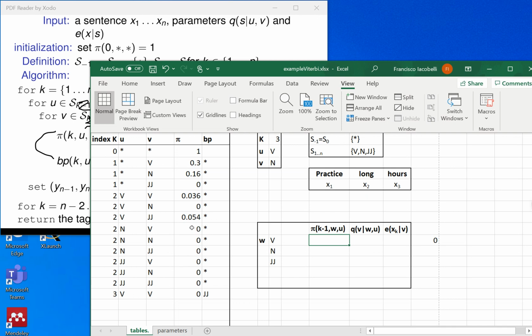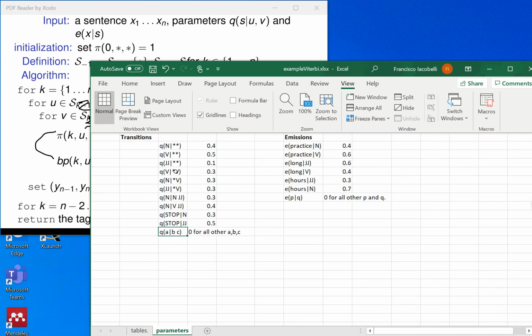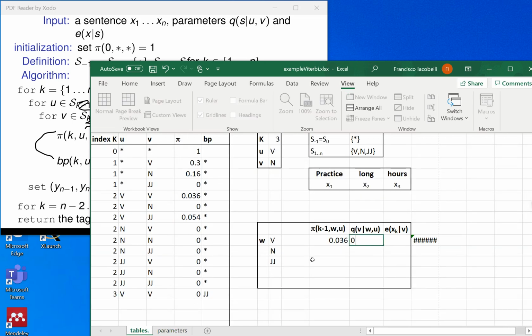Pi of 2 VV, 0.036. Here I'm going to have Q of V, which is the tag N, W, which is the tag V, and U, which is the tag V. So Q of N given VV. Let's look at here. I don't see it, so I'm assuming 0. So that's going to be 0 regardless of what emissions we have.